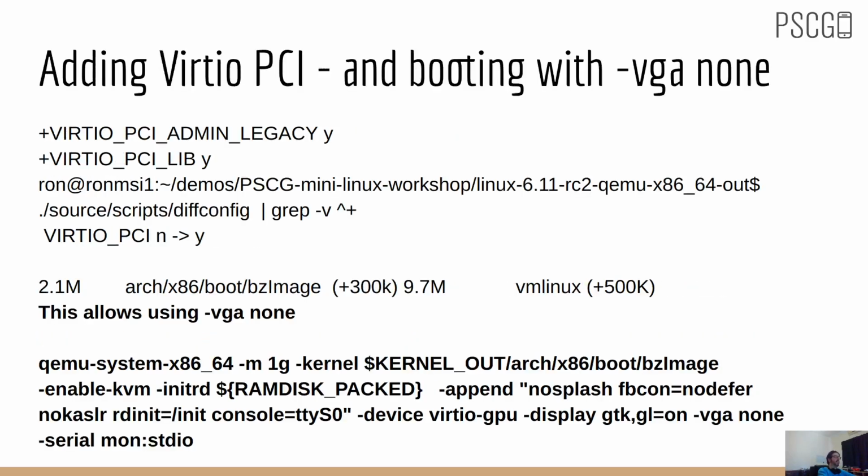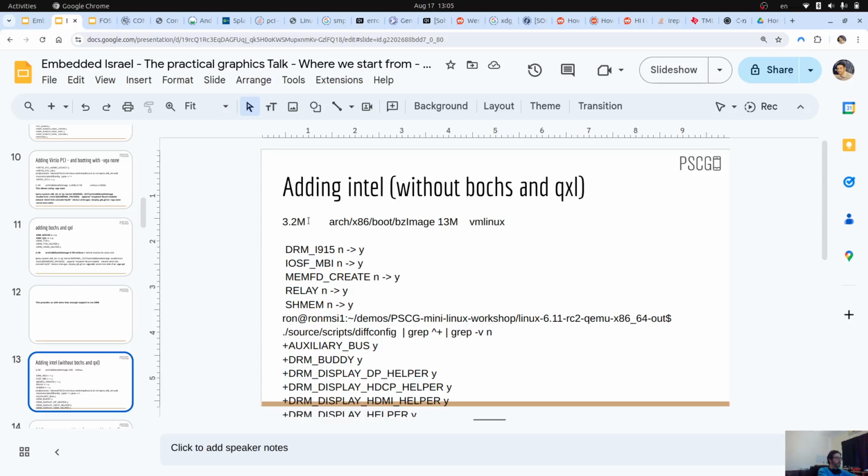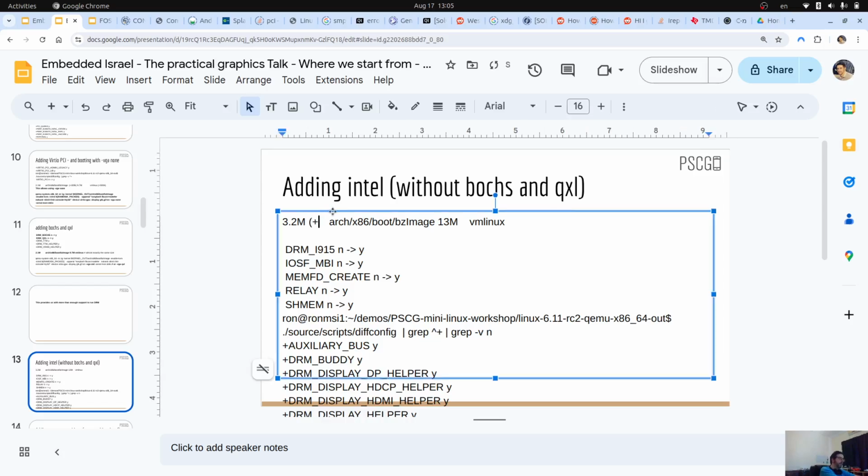And then, let's see, 2197, so that would be plus 1.1 and 97, and that would be, yeah, 3.3. Pretty significant.